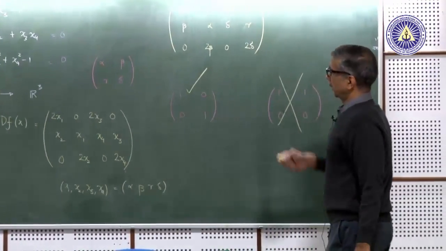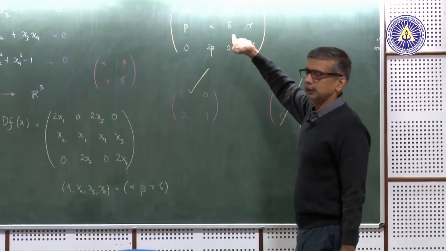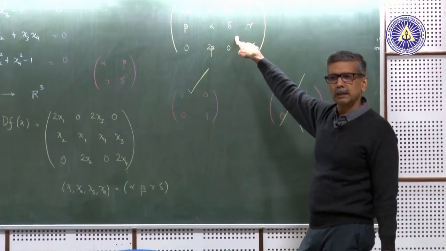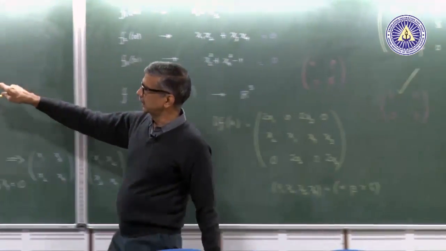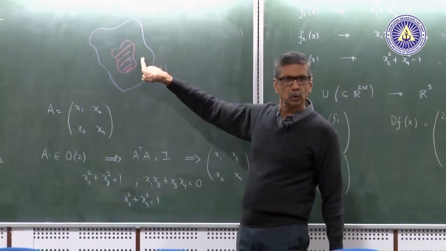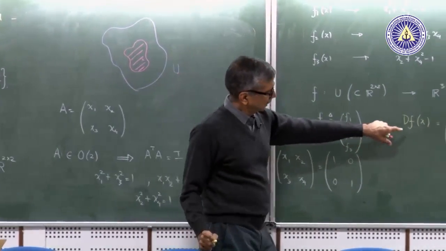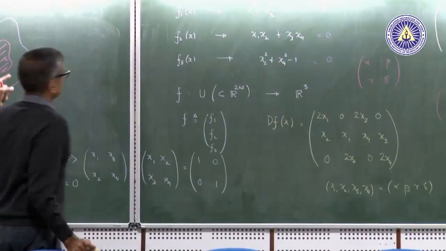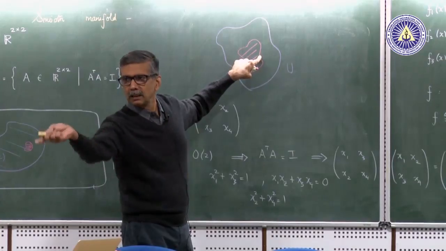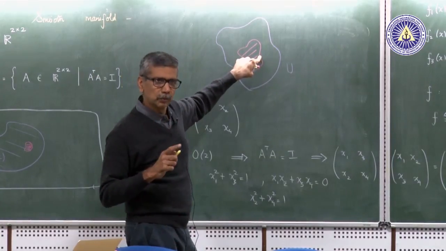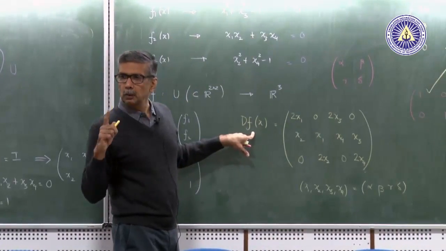So, in fact, if this is an orthogonal matrix, you can go ahead and show that this is rank 3. And the reason you can show that this is true close by as well is because this function of x, that Jacobian cannot change so abruptly that it loses rank immediately, because these are all smooth functions and we are evaluating the Jacobian at a value.